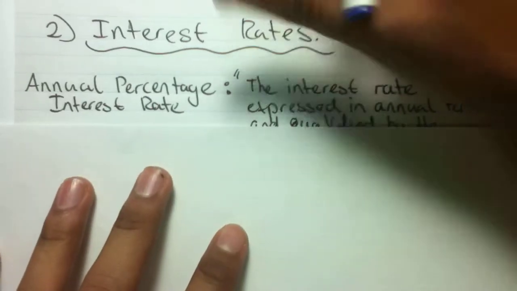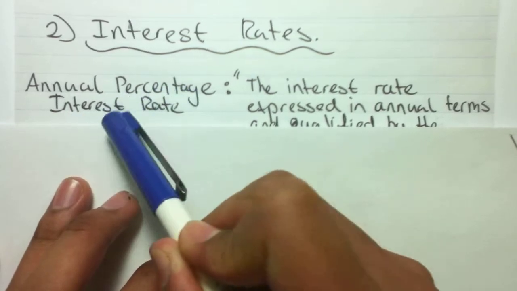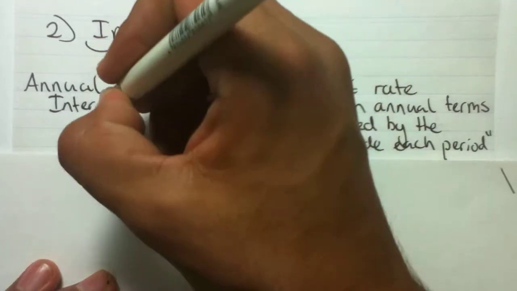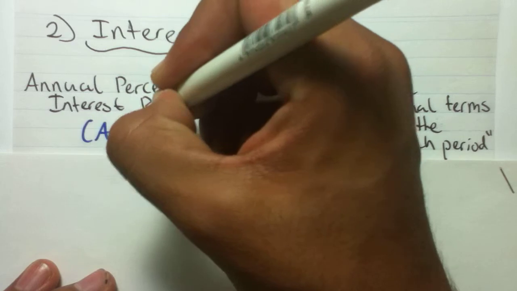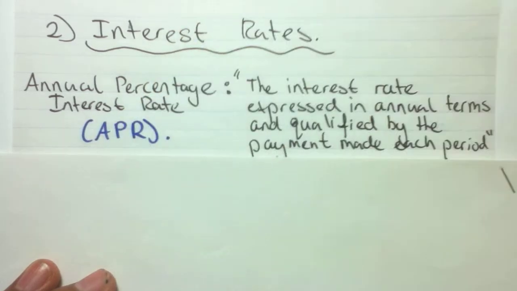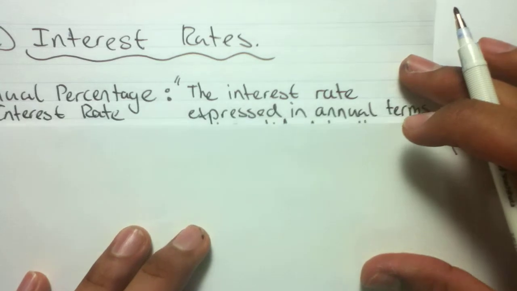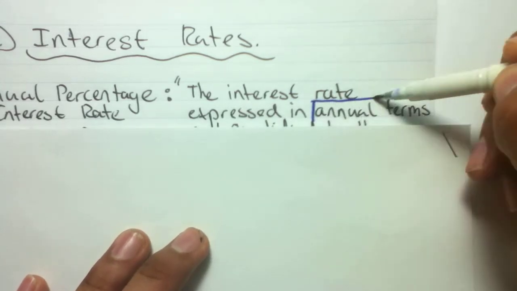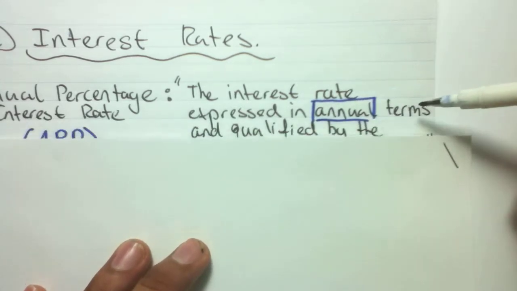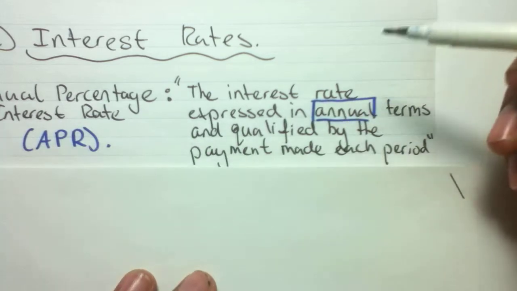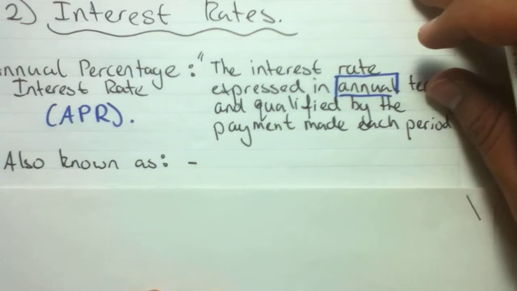So we're first going to look at the annual percentage interest rate. This is also known as APR. Okay, and its definition is the interest rate expressed in annual terms and qualified by the payment made each period.